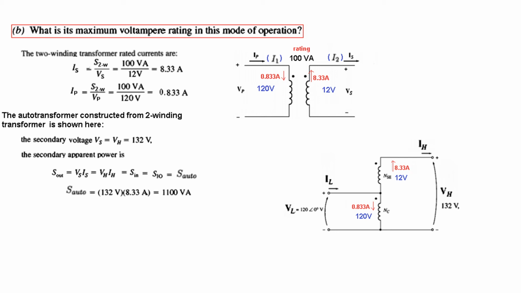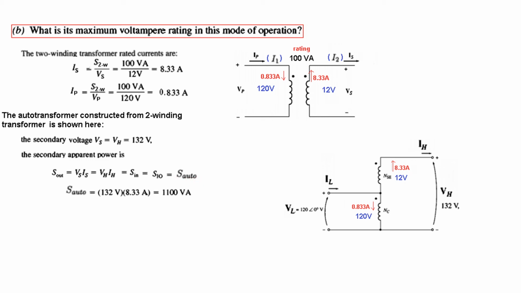You can also get it directly by adding the two, 120 plus 12, 132. The secondary apparent power, or S out, can be written as V secondary times I secondary, or V high times I high from here, which should also be equal to the input power, which I am calling S auto.